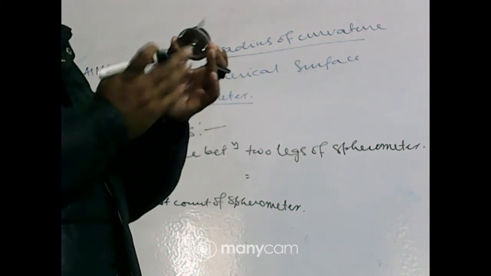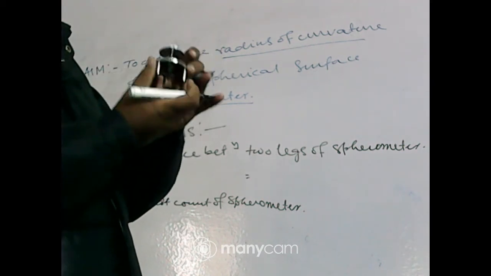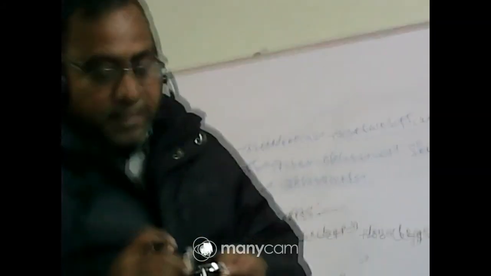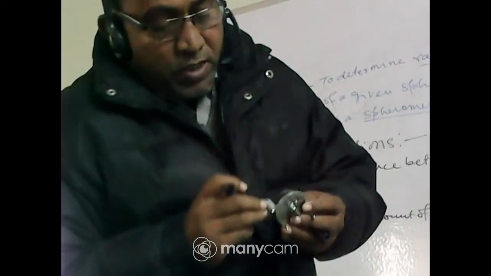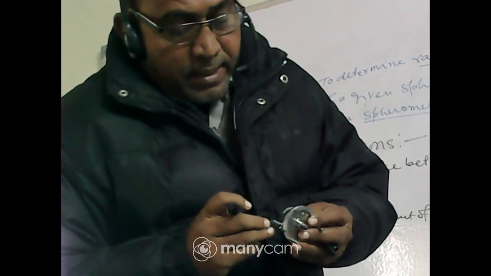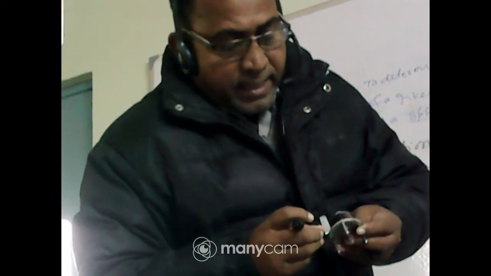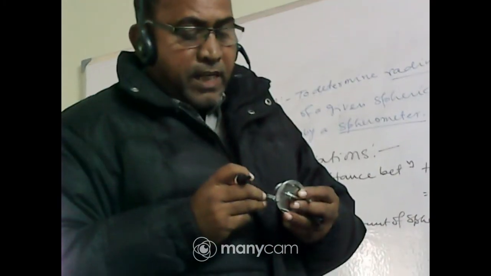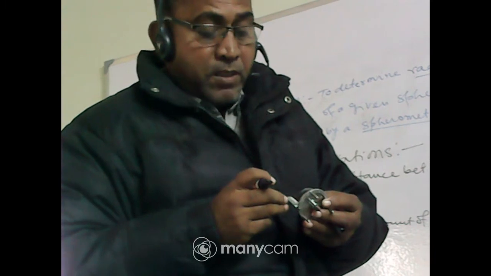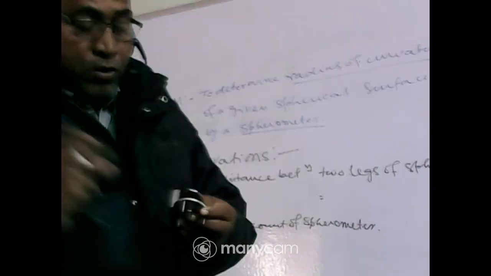This knob touches the spherical surface, and this is the linear scale and that portion is the circular scale. Okay, so linear scale has 0 in the middle, and below the 0 there are 10 divisions, and above the 0 there are 10 divisions. So each division is equal to 1 millimeter. Am I clear? Yes or no?